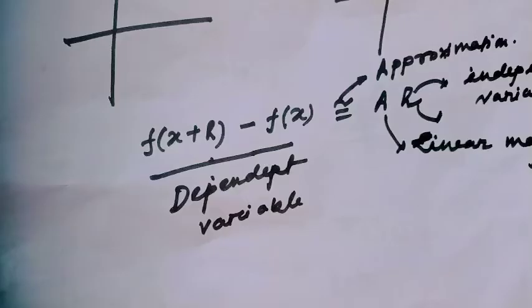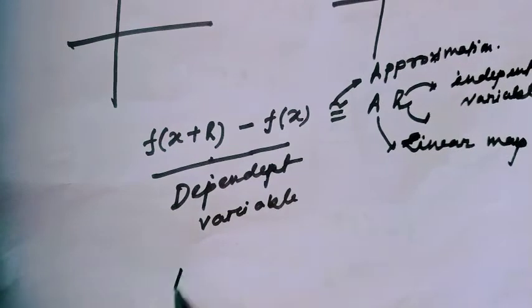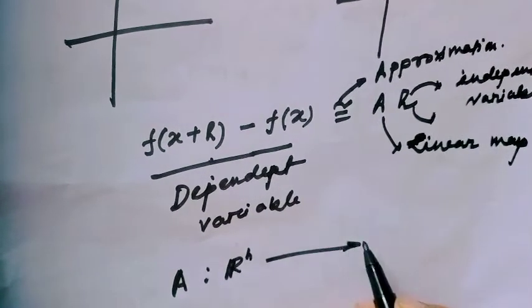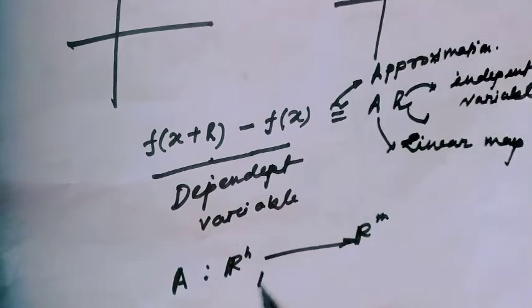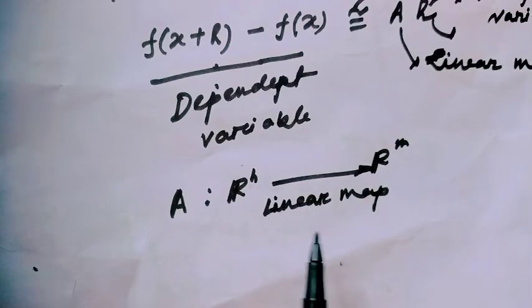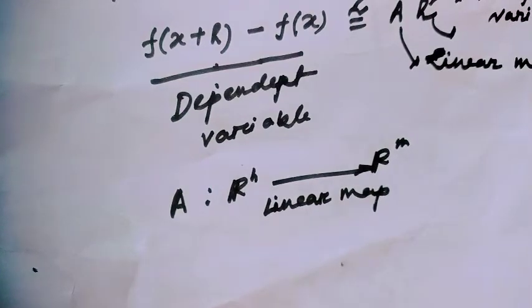Are you getting this meaning? Therefore this capital A is a linear map from Rn to Rm. This is the linear map. Okay? This I had told in my earlier video, the Jacobian matrix.